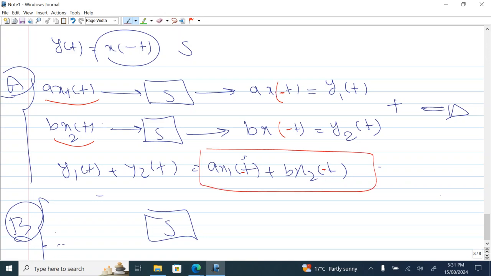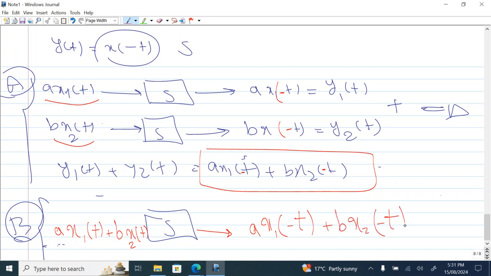And then here, I'll send ax1t plus bx2t, and then what I should get is the same, but with minus t. Right? And then these two are the same, so it's linear.